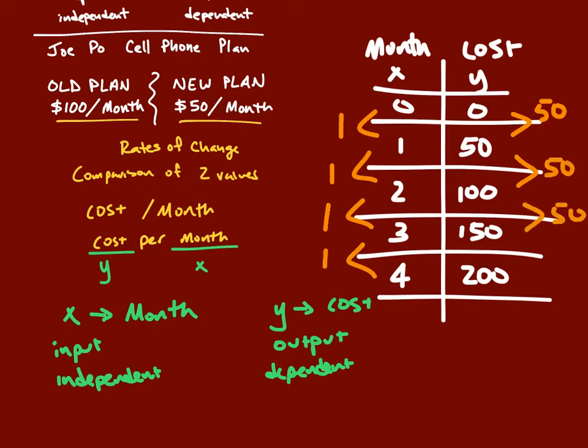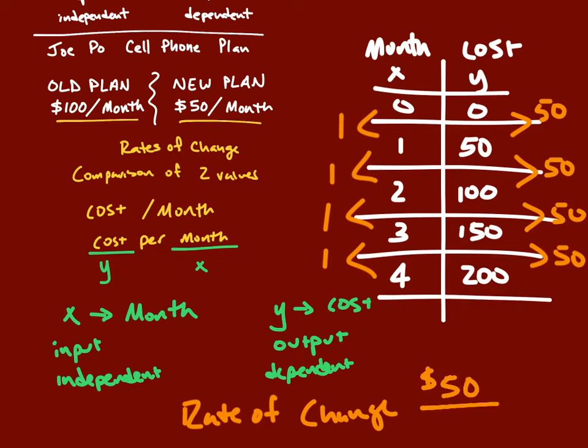So to find my rate of change, I take my change in y, which is 50, and divide it by my change in months, which is x. That would be $50 per 1 month, and that's how we calculate our rate of change.